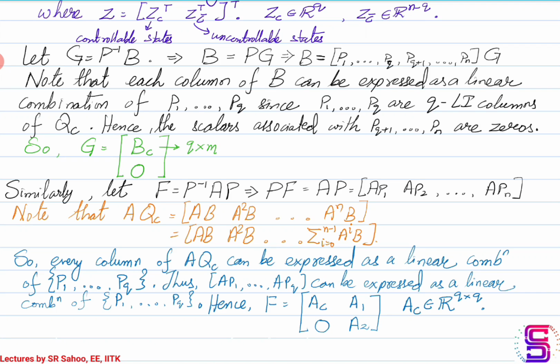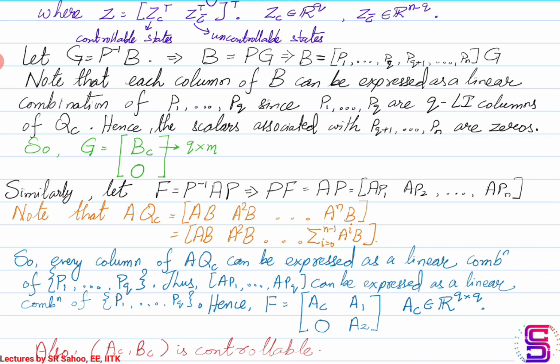It is worth noting that the pair A, B is not controllable, but after this representation in the state vector Z, the pair AC, BC is controllable. This is what will be used to establish the concept of something known as stabilizability of a system. What we did here is also known as the controllable canonical decomposition of an LTI system.